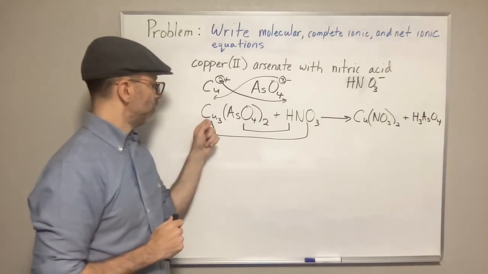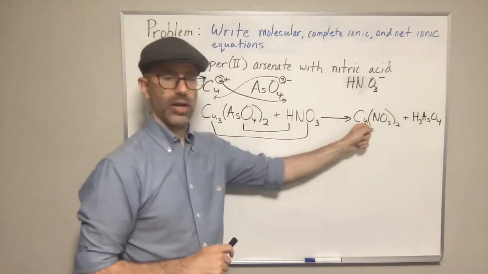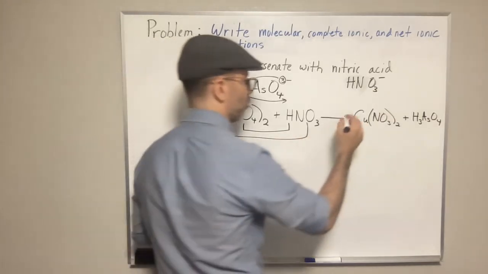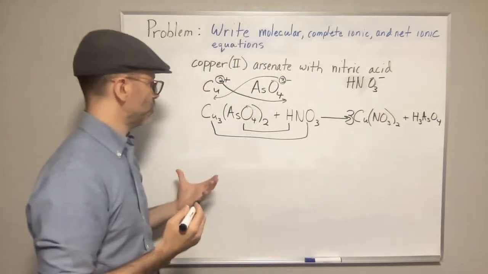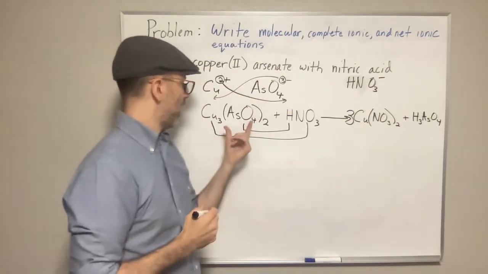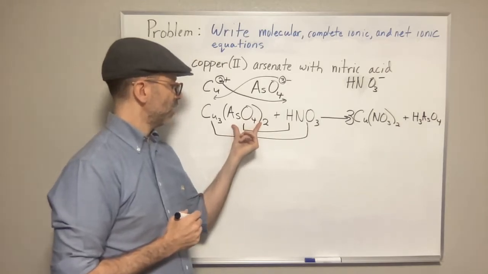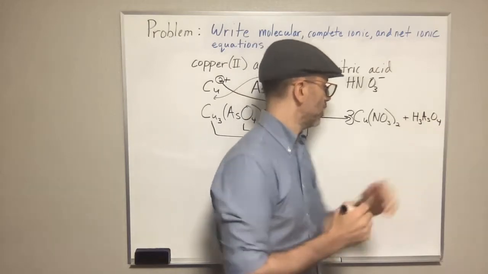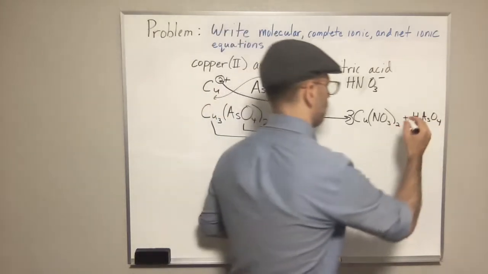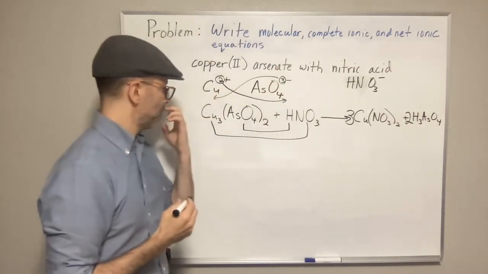So I have 3 coppers here. I only have 1 copper there, so I'm going to have to put a 3 here. So now the coppers are balanced. I have 2 arsenate ions here, but I only have 1 here. So I'm going to have to put a 2 here. Okay, so now that's balanced.